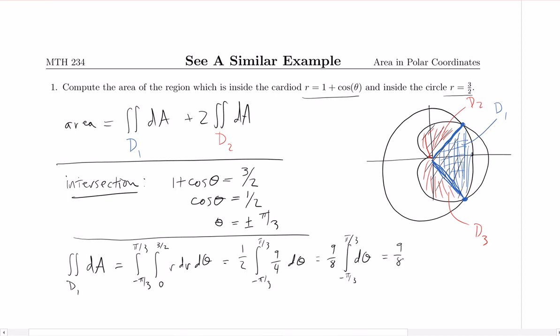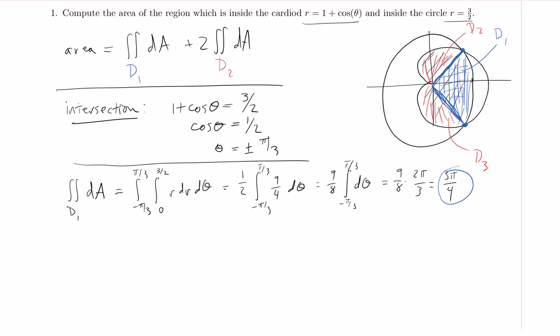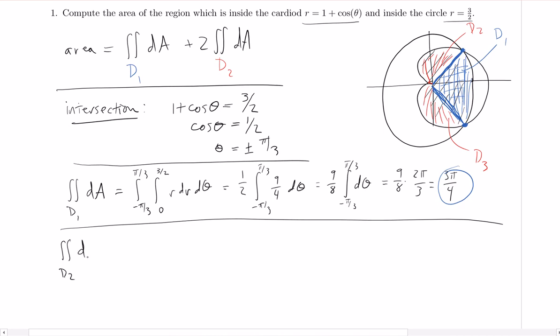So we get 9/8 times 2 pi over 3, which is 3 pi over 4. So the area of the blue region D1 is 3 pi over 4. Let's circle it in blue since we colored that region blue in the picture. Okay, now we have to find the area of the red regions. So now let's compute the area of D2.